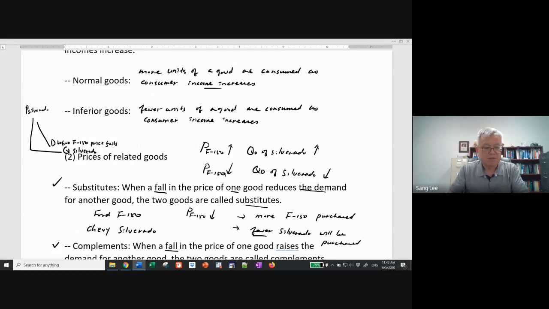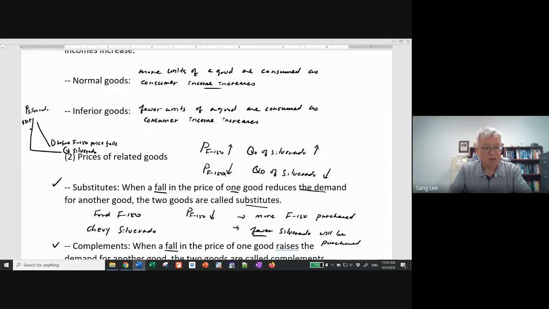So this is before the F-150 price changes. And then once the F-150 price is falling, people buy less of the Silverado. Let's say the Silverado price was previously $30,000.